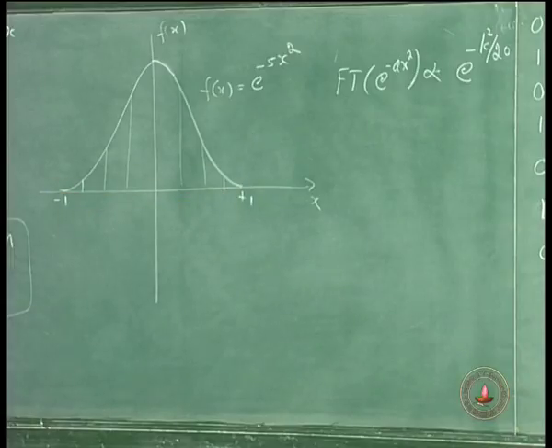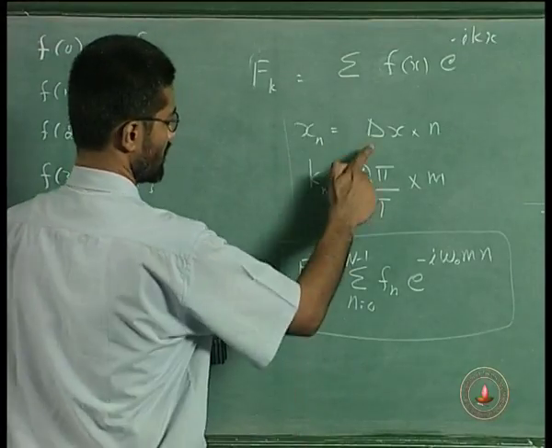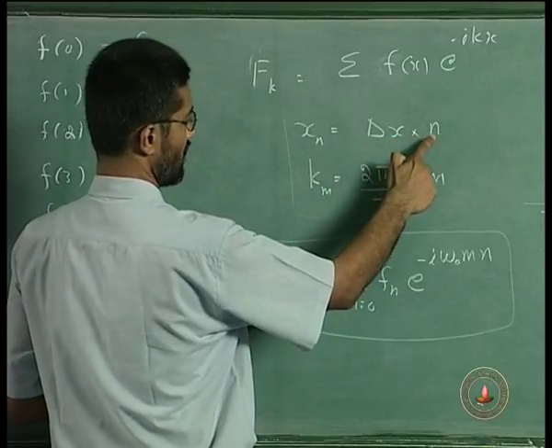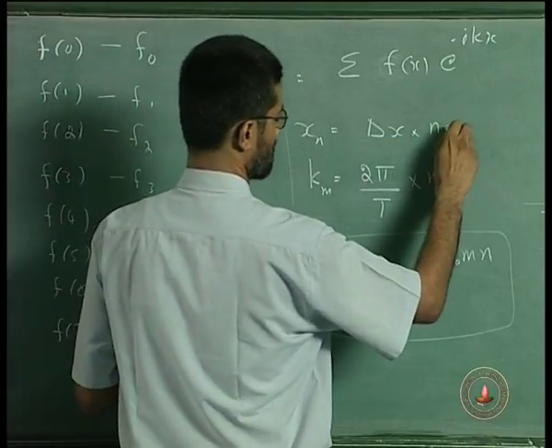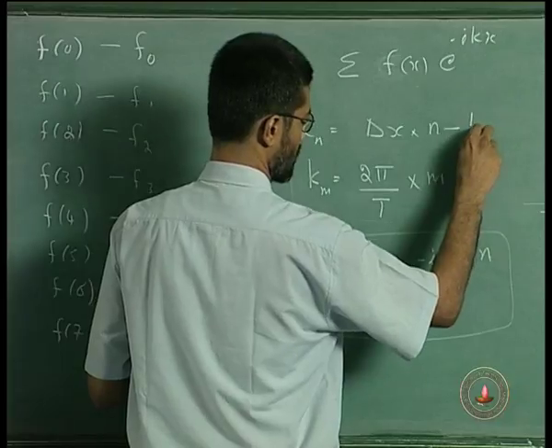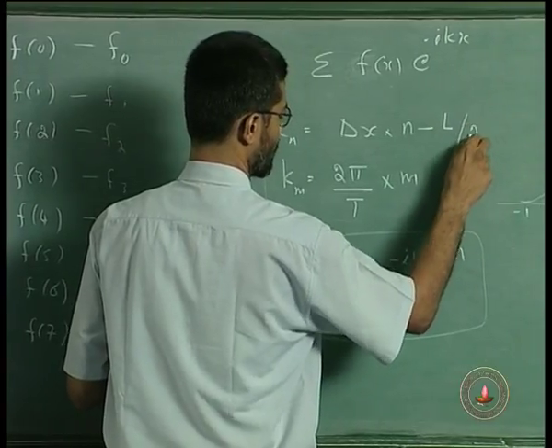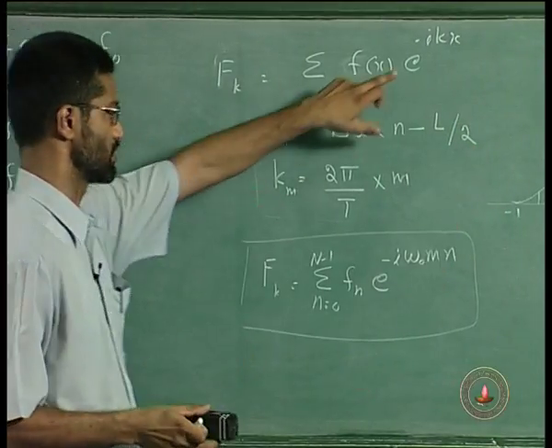Because of that, my x0 value should be -1, not 0. So I should take xn as delta x times n minus my total interval divided by 2. That's the xn I should substitute here.